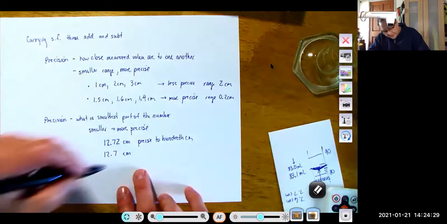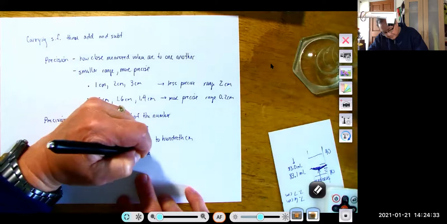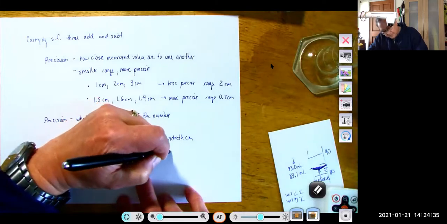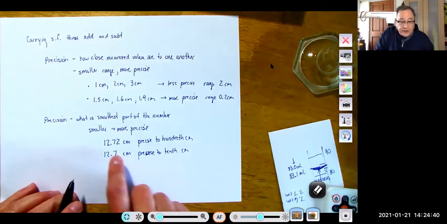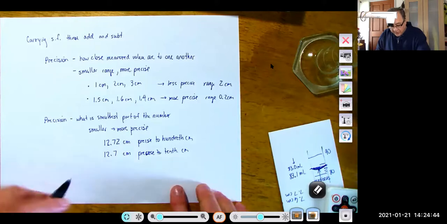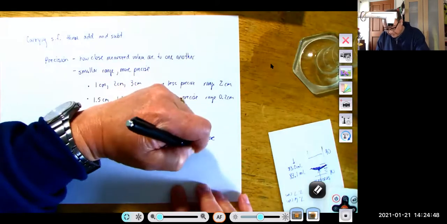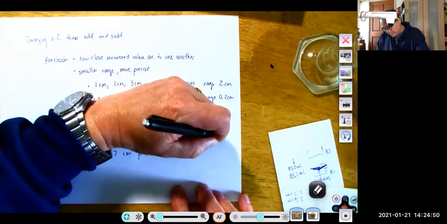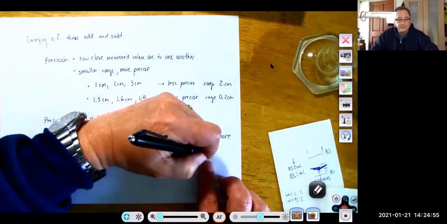And this one is precise to the 10th of a centimeter. So this is precise to the 100th. This is precise to the 10th. So this one is more precise and this one is less.